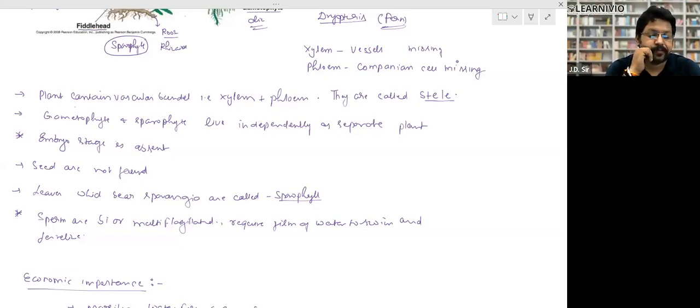That's why vascular bundles are not that much developed.